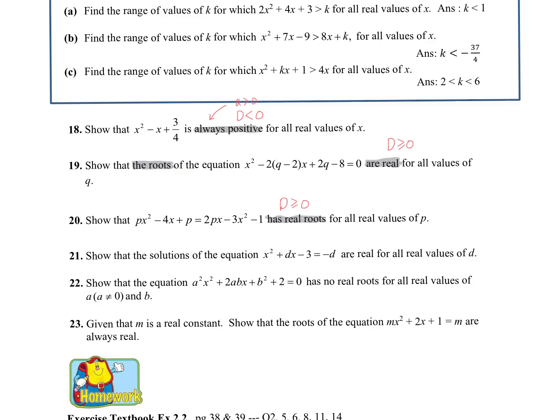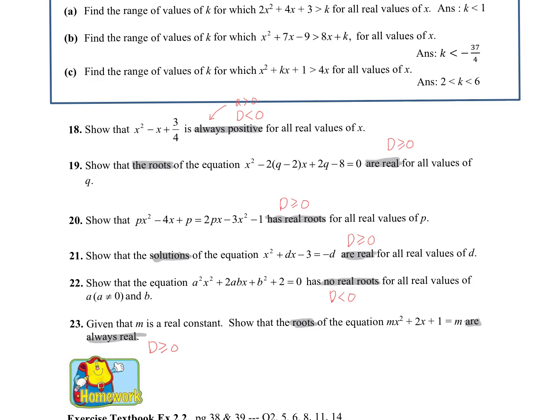Okay, you want to show that the solutions are real. Same thing. You want to show that minimally discriminant is greater or equal to 0. No real roots, less than 0. And then last one, show that the roots are always real. So discriminant greater or equal to 0.